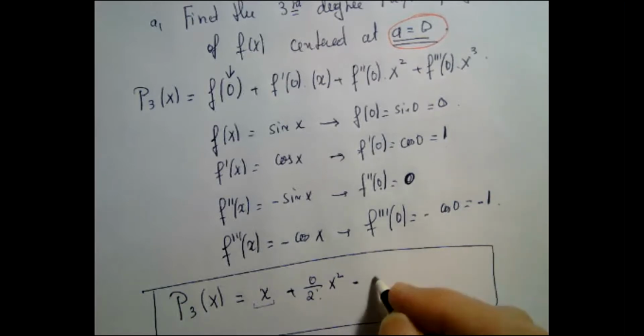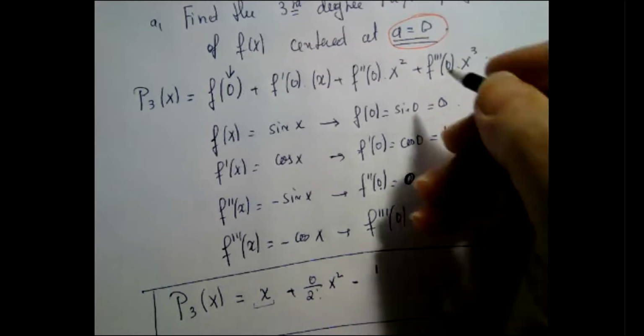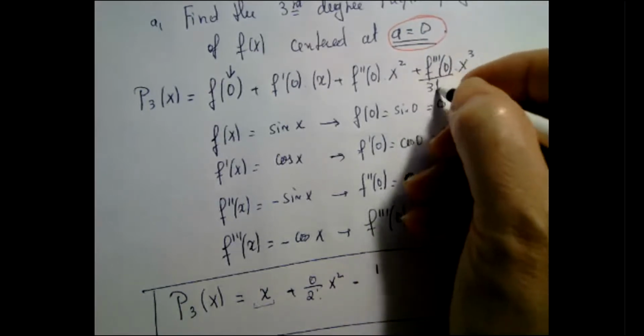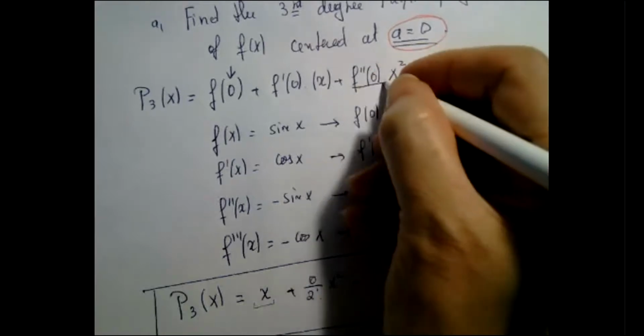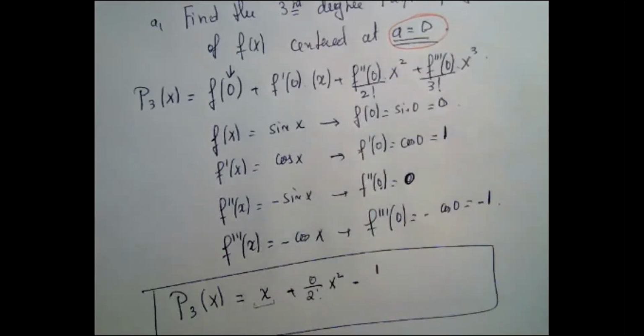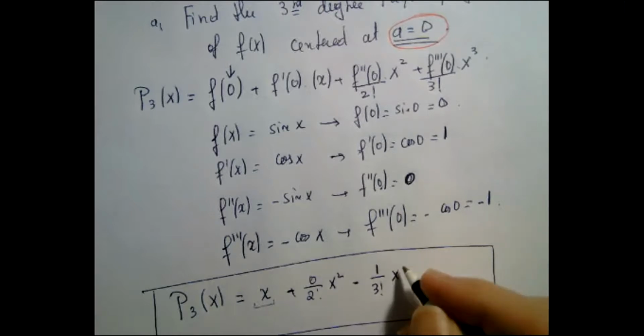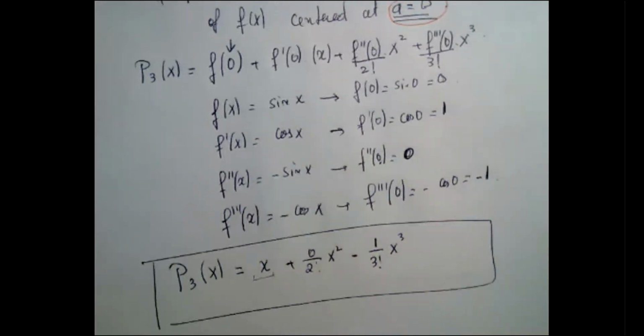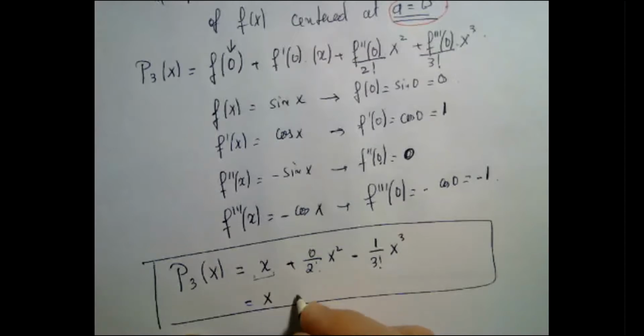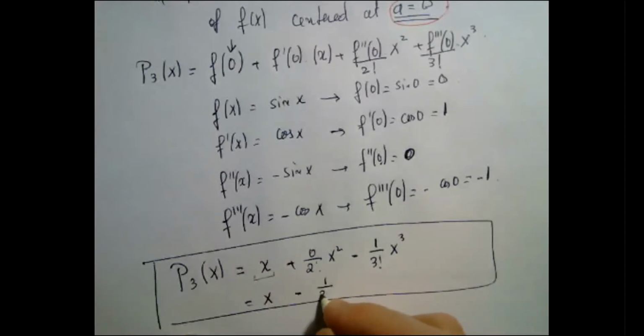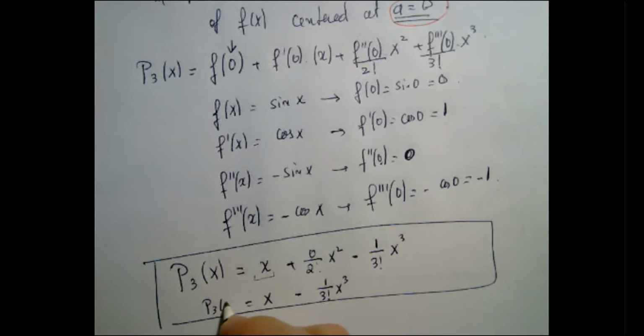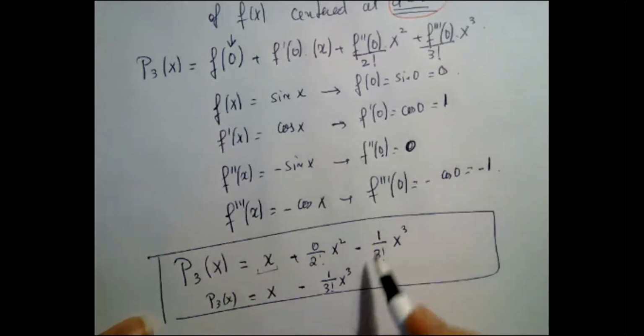And then the third derivative, oh, sorry, I made a mistake. It's minus 1 over 3 factorial x cubed. So it's equal to x minus 1 over 3 factorial x cubed. So that's the third degree Taylor polynomial.